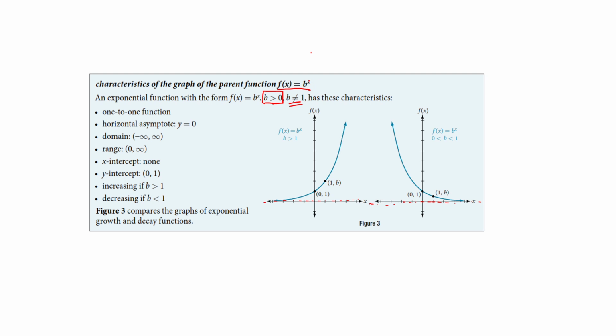It can't. We have a positive b, even with negative exponents. Suppose it was 2, and I had a negative 4 as an exponent, that just means 1 over 2 to the 4th. It's going to get me a very small number, but there's no way I'm going to make negatives. So my values of y are limited by this asymptote. We can't go below the line y equals 0.